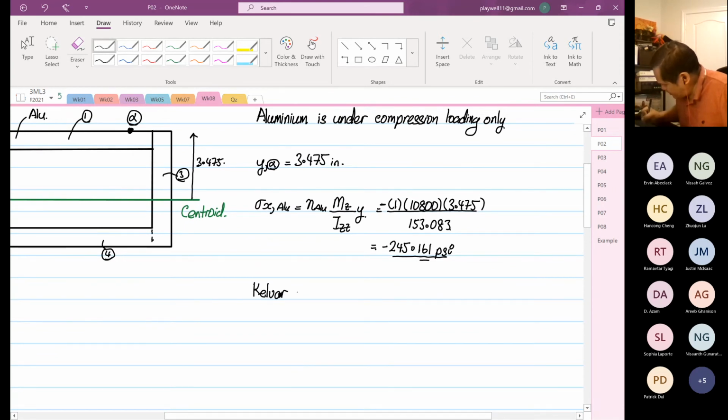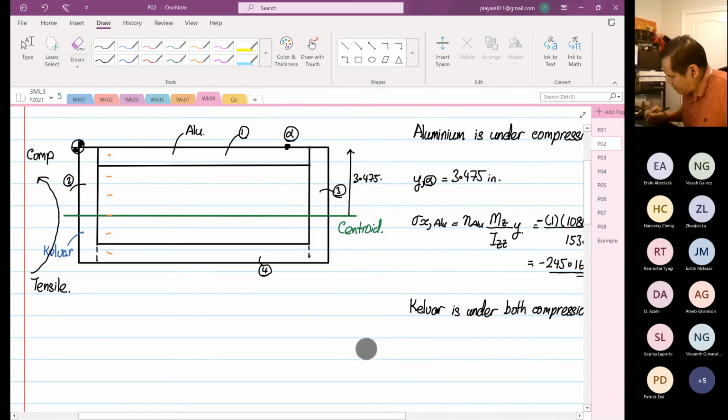So Kepler is under both compression and tensile, or tension loading, right? So why is that?